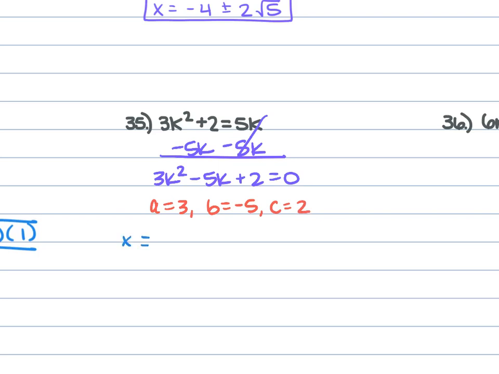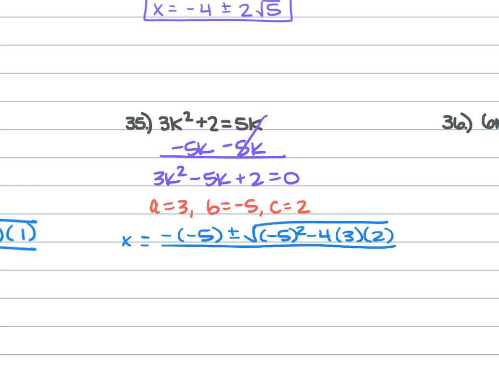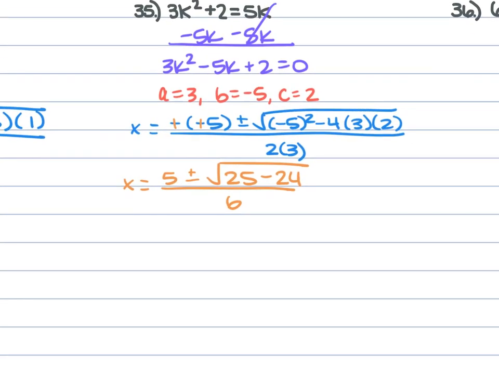So x is equal to negative times negative 5 plus or minus the square root of negative 5 squared minus 4 times 3 times 2 all over 2 times 3. So x is equal to 5 plus or minus the square root of 25. The 4 times 3 is 12, times 2 is 24, so that's minus 24 all over 6.